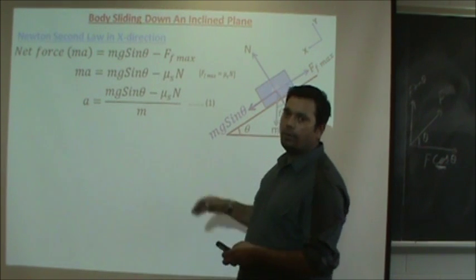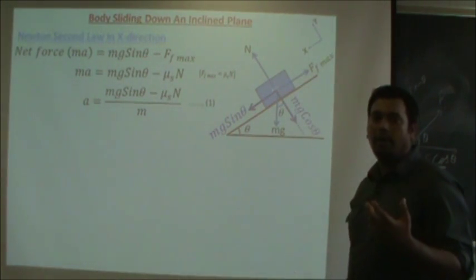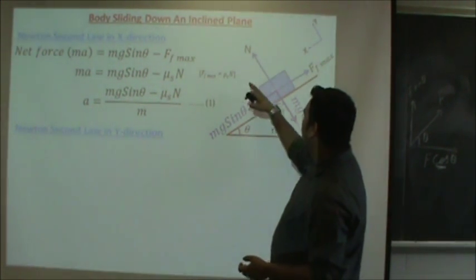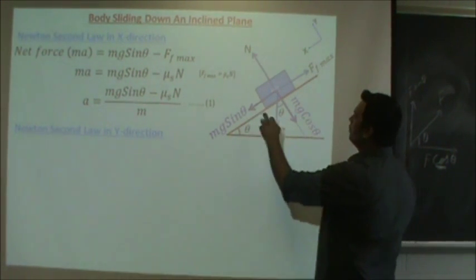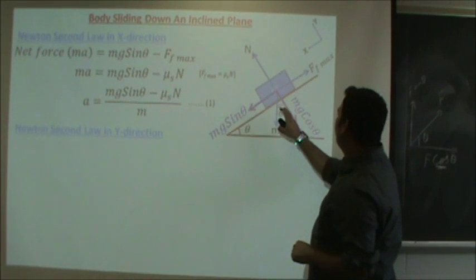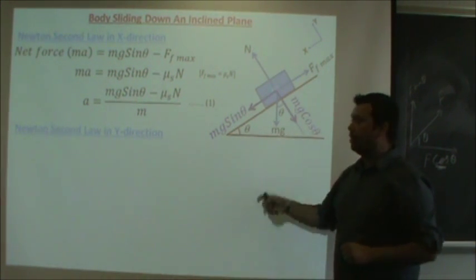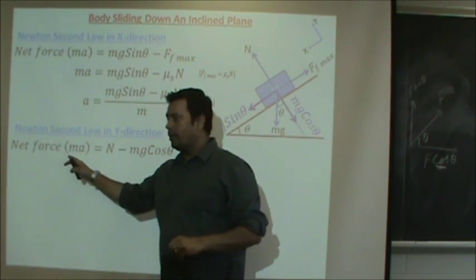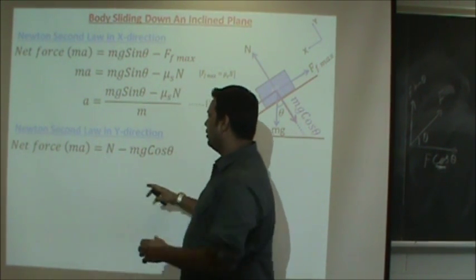We also apply Newton's second law in the y-axis. Okay. So in the y-axis, again, you have two forces. One is the normal, and second is mg cosine theta. So again, the net force, which is ma, is the sum of two forces.